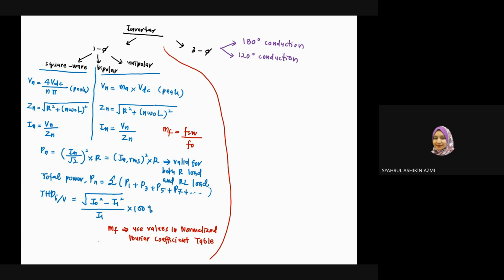So make sure, number one, you understand the gating signal waveform so that you are able to see the switching sequence, for both 180 and 120. The switching sequence for each mode, mode 1 to mode 6.